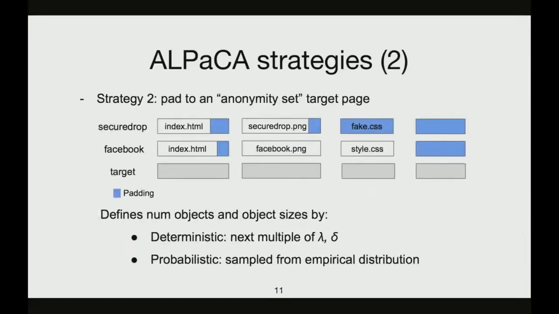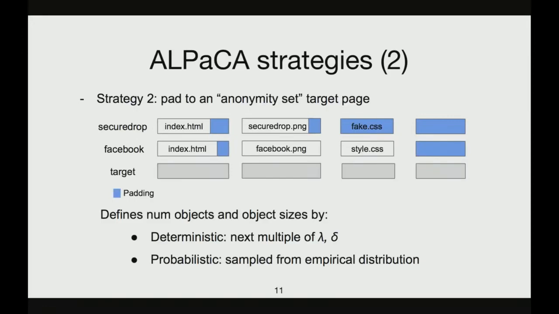The other strategy is to create a collision. For two pages that are slightly similar, we add the right padding in each one to create a collision, and the classifier would confuse them. There are two ways of doing this. One is based on two parameters that define the padding.